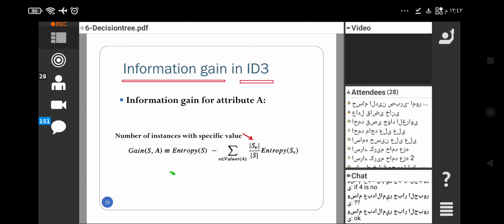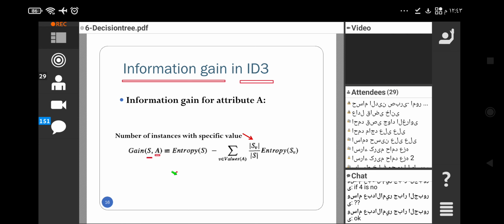This is the formula of information gain. Okay, we have a data S and we have an attribute A, and we want to calculate the information gain of attribute A in data S. Okay, this is the formula.